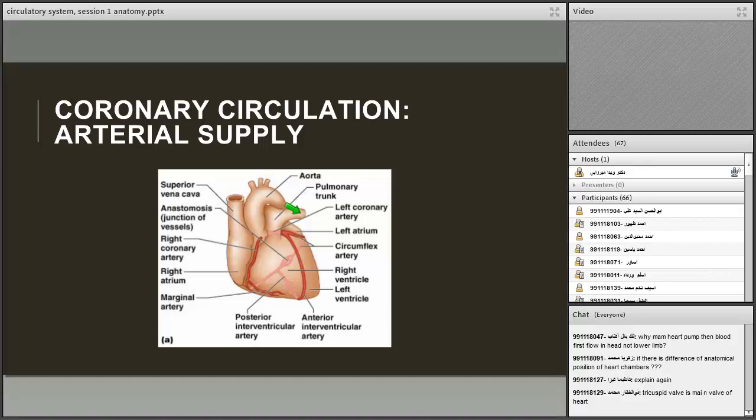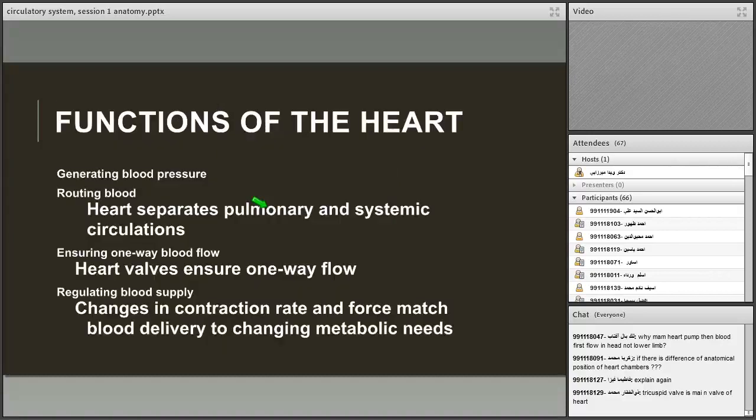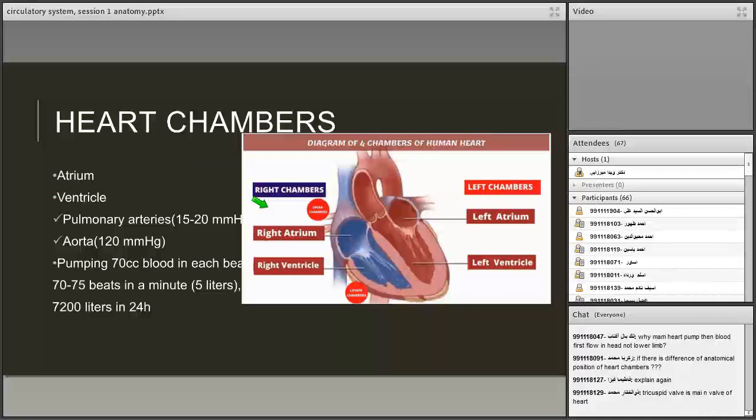Let me show you the pulmonary arteries. Look here. This is the pulmonary trunk and these are pulmonary arteries. The blood will go to the lungs from these pulmonary arteries and exchange the gases in the lungs. Okay?